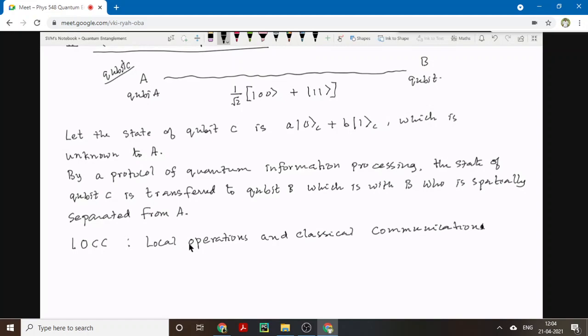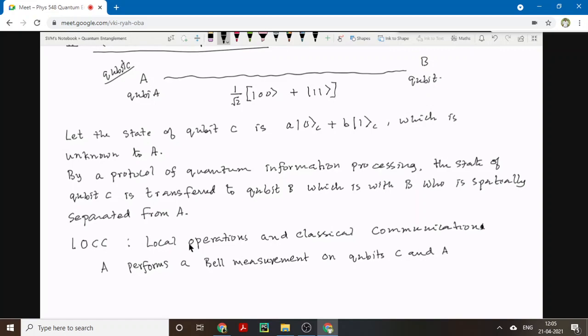So the protocol is something like this. A performs a Bell measurement on qubits C and A, because she has two qubits, so she can perform a Bell measurement.